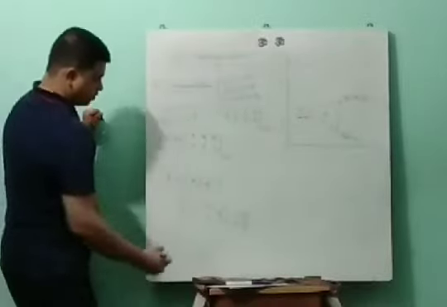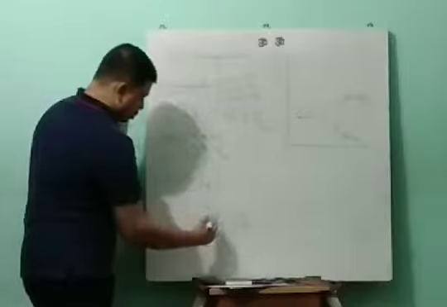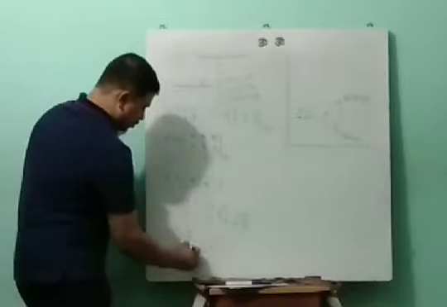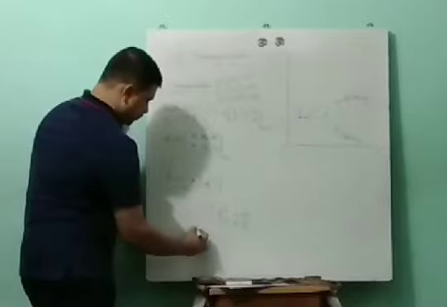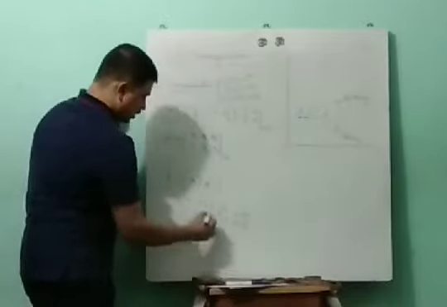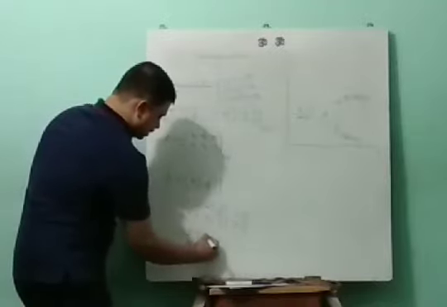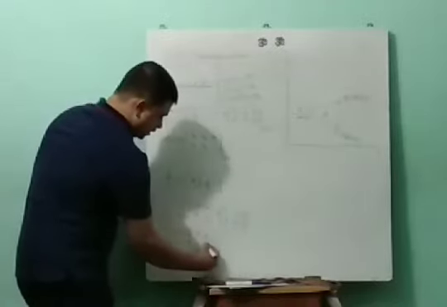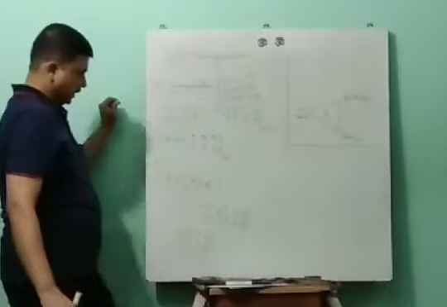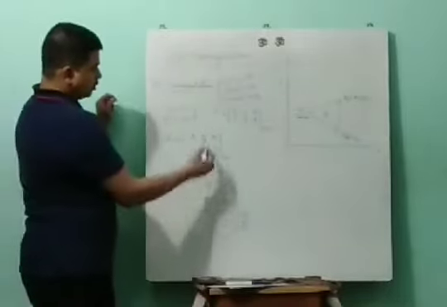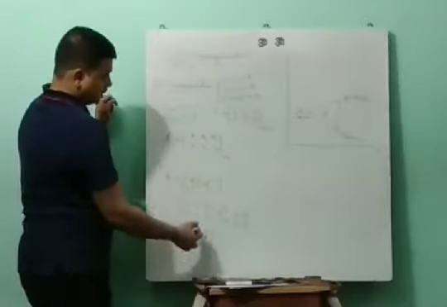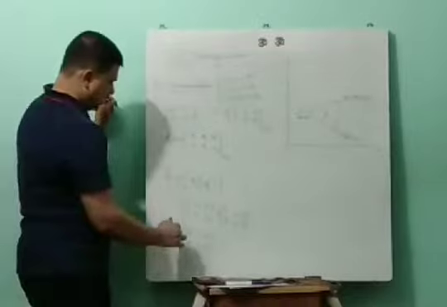So now add the corresponding elements. 1 plus 2 is 3, 1 plus 3 is 4, 2 plus 2 is 4, 4 plus 3 is 7, 4 plus 2 is 6, 3 plus 3 is 6. So this is the translated triangle. We have assumed x1, y1, x2, y2, x3, y3, and this is the translated one, A dash.